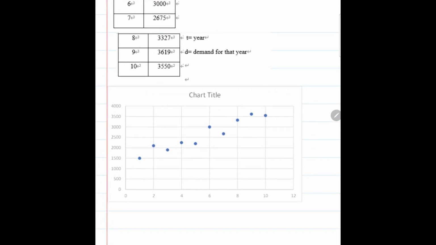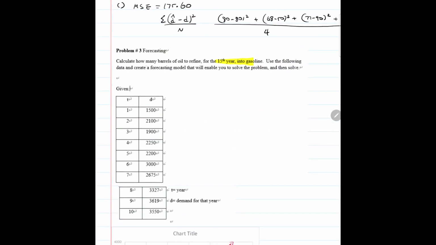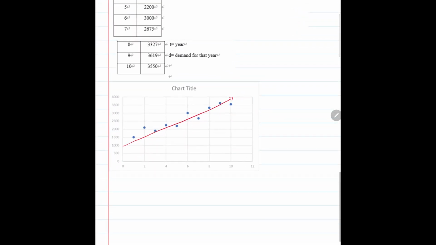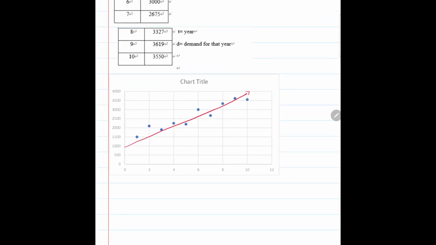So here's the graph. We can see that it's going up, and the problem doesn't say anything about the listen data, which means we're not gonna use exponential smoothing. We're just gonna use the linear regression.